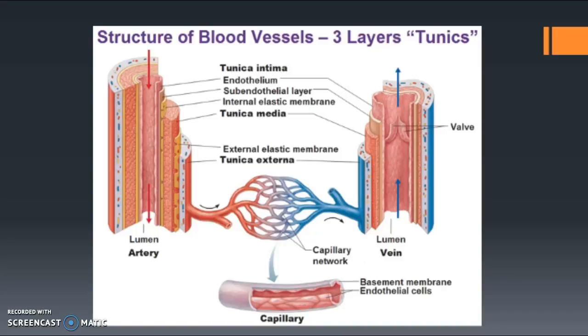And then we see the next layer called the tunica media, and this is the muscular middle layer of the arteries and the veins. You can see this here, which is the middle layer. The tunica media of arteries contains more smooth muscle than the tunica media of veins.